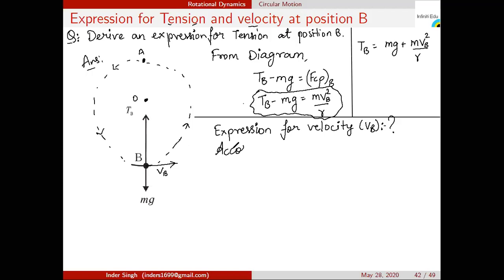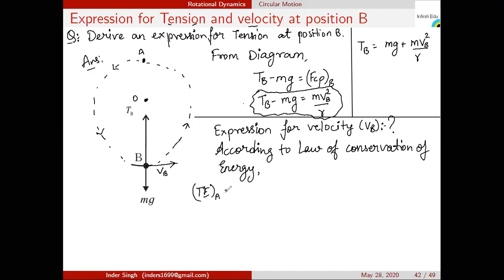So what we can say, according to the law of conservation of energy, is that total energy at position A is equal to total energy at position B, because energy can neither be created nor be destroyed, it can be transferred from one form to another form, and the total energy remains constant.